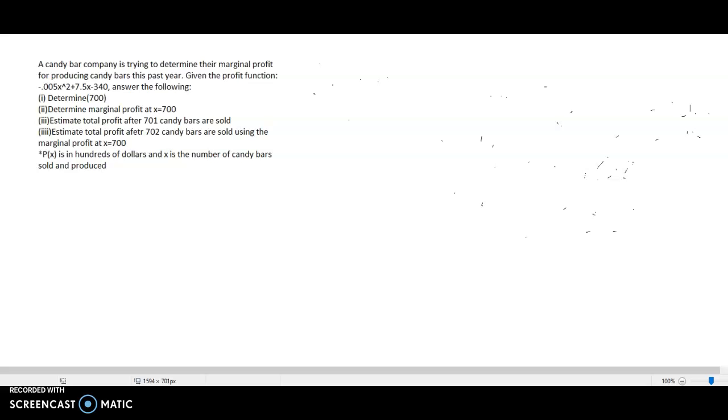The profit function is given there, so I'm not going to rewrite it, but P prime of x will equal, and this is where you take the derivative. Usually, like we learned, you take the exponent and multiply it by the coefficient, and then subtract 1 from the exponent. That gives us negative 0.01x.